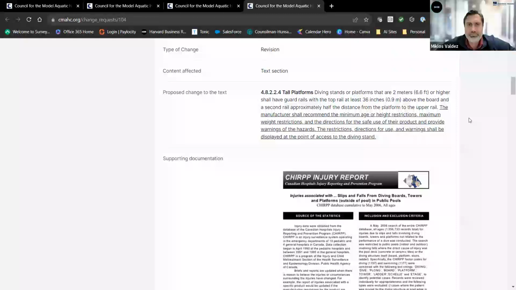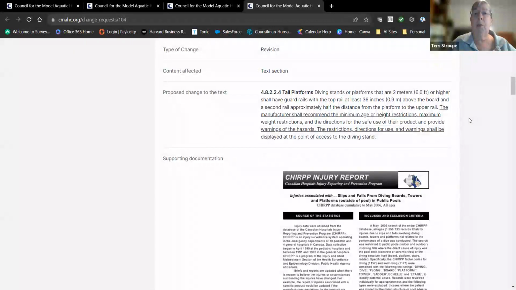Apologize. There you go. So basically they're recommending that the manufacturer recommend the age and height requirements, the restrictions and the directions of use, and that should be displayed at the stand.